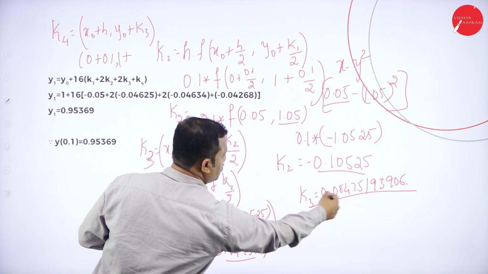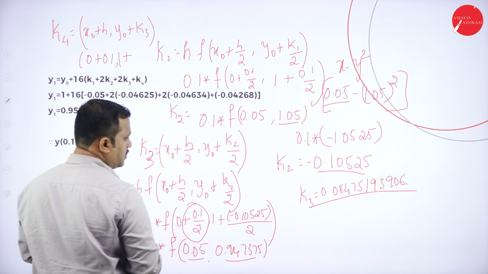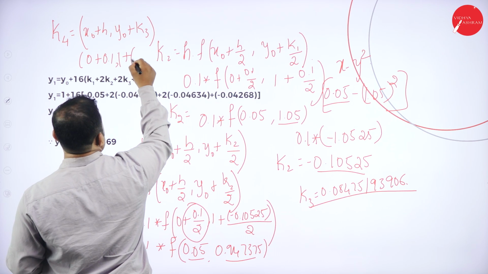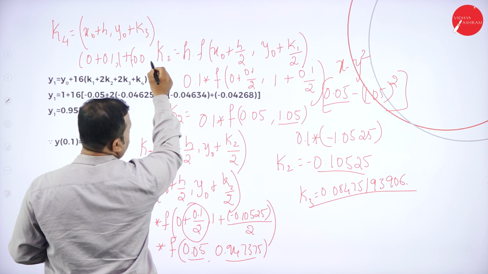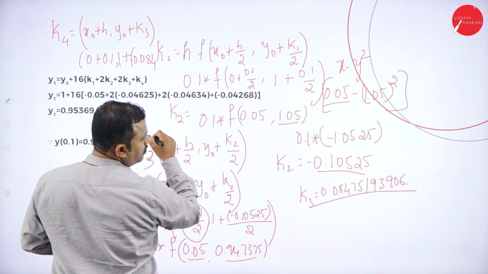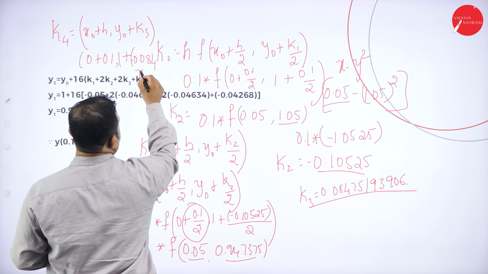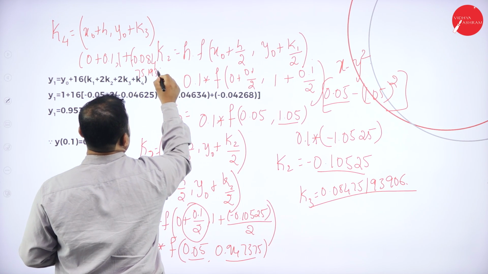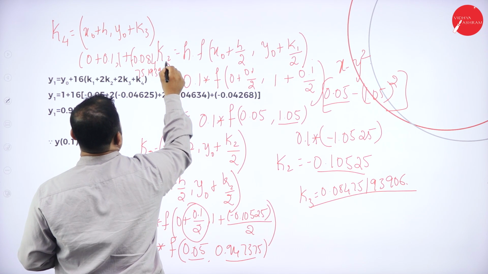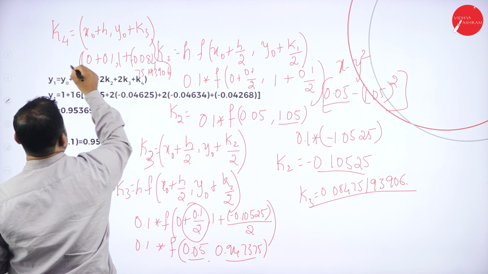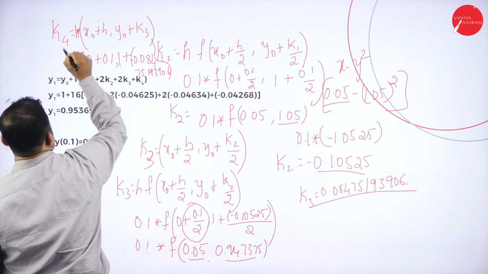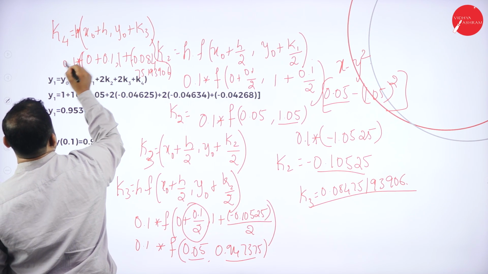What is the value of k3? This, that is minus 0.08475193906. That is this term. h into, that is 0.1 into this.